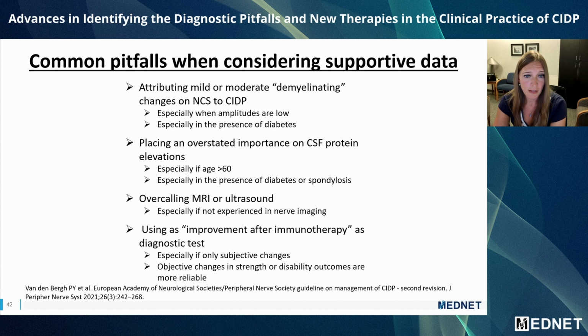And then there's improvement, quote unquote, after immunotherapy, which is a diagnostic test that is part of the supportive criteria, but you really want to be as objective as possible when assessing improvement, so that it's not just subjective changes like fatigue improving. It needs to be more substantial than that to demonstrate a real objective response to treatment. So using strength or disability outcome measures is very helpful for that.